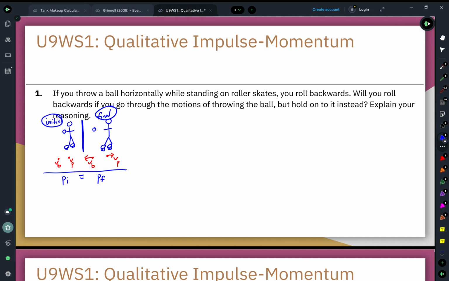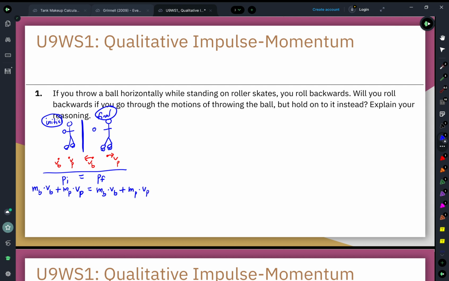Well, for both of these, I have the mass of the ball times the velocity of the ball, plus the mass of the person times the velocity of the person. Those are all of the individual momentums that we have at the very beginning. That is going to be equal to the mass of the ball times the velocity of the ball at the end, plus the mass of the person times the velocity of the person at the end.